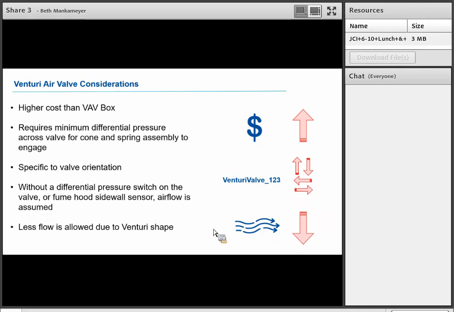The other thing about Venturi valves, because it does have that cone and spring assembly, it requires a minimum differential pressure across the valve for that to engage. So there are different numbers, but there's a low pressure valve that requires 0.3 inches water column, and then there is a medium pressure valve that requires 0.6 inches.